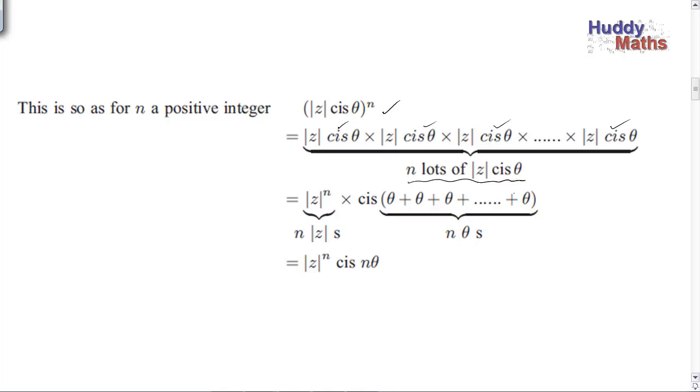So you can put all the mod z's out the front, there's n mod z's there, and then all the thetas, n thetas. And from the properties of cis we established before, you multiply moduli, add arguments, so it's going to be cis n theta. You might look at a process of induction to prove that theorem also. Okay, so there we go.